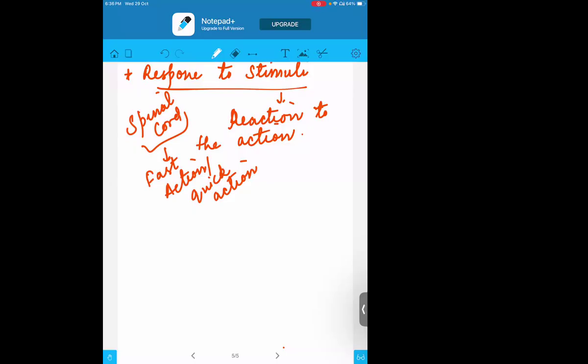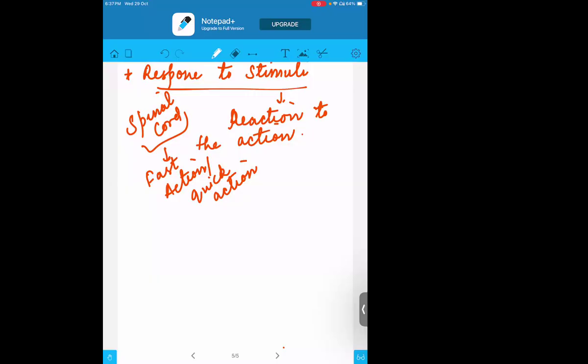If I say you need to learn this chapter, you require time. If I say you have to understand this, you require time. All those things which require time will be done by the brain, and all those things which require immediate reaction will be done by the spinal cord. This response to stimuli is done by the spinal cord because our body cannot wait, because this kind of stimulus is most of the time harmful to us.